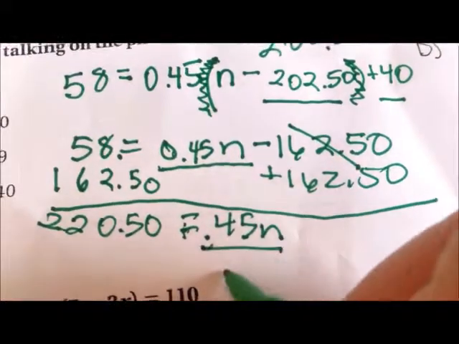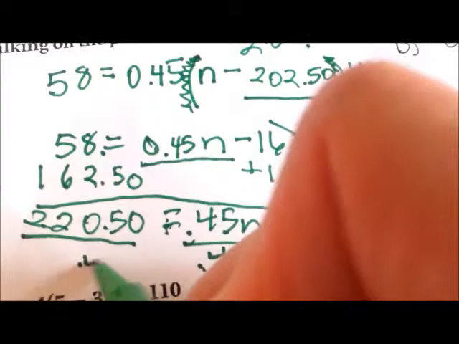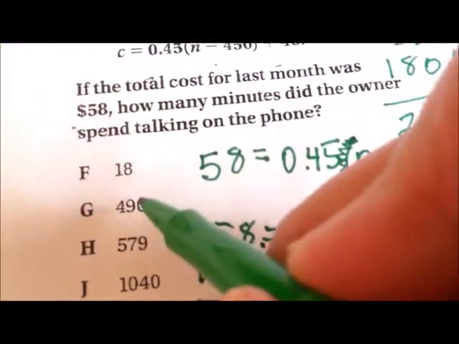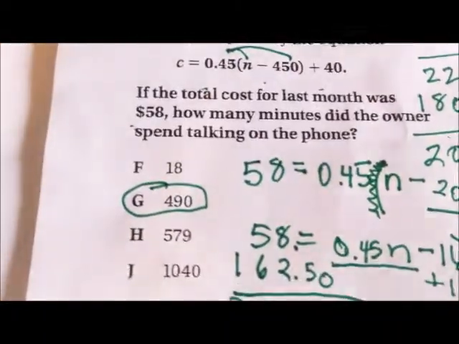If I divide both sides by 0.45, I think you are going to find out that n is equal to 490.